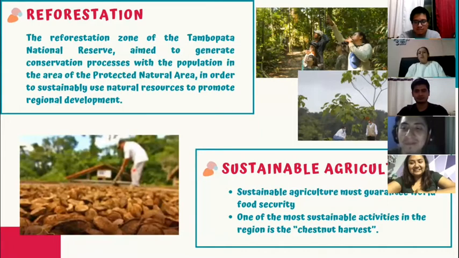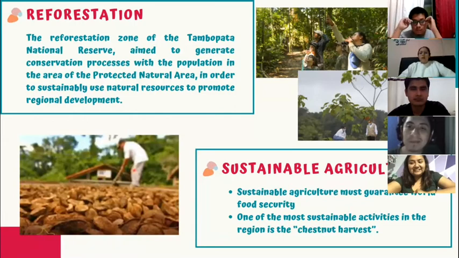Then agriculture. Tambopata has also worked on the most sustainable activities in the region. This type of agriculture depends on the protection of the mature trees in the forest.